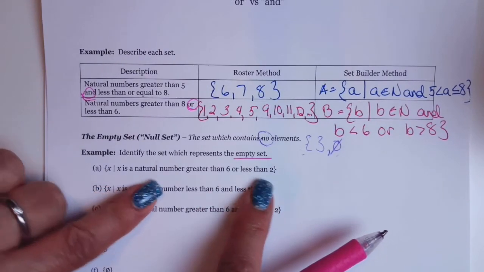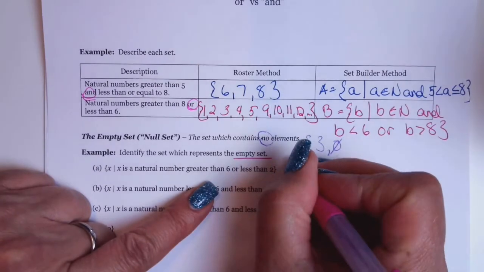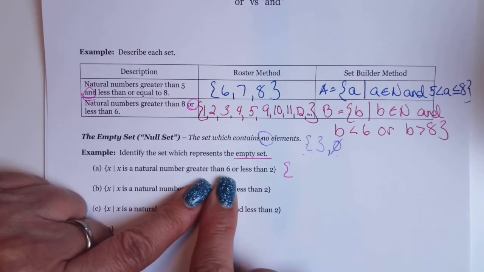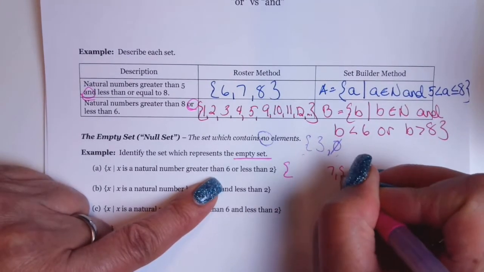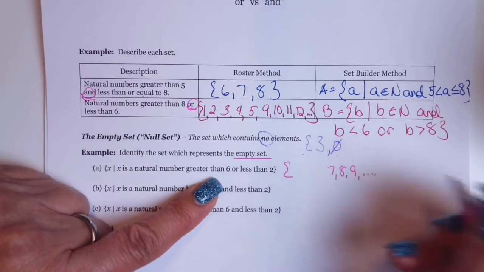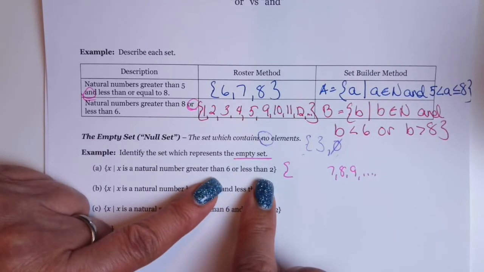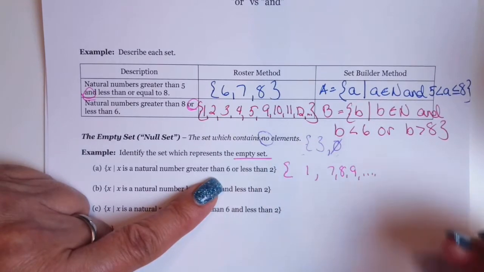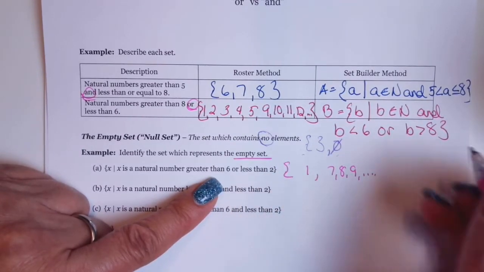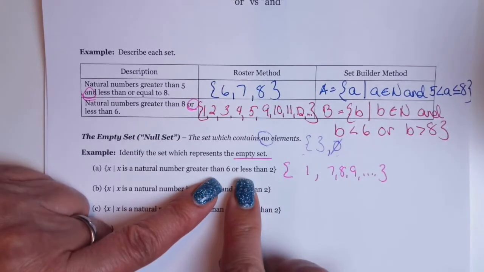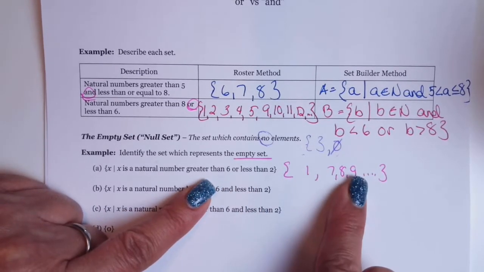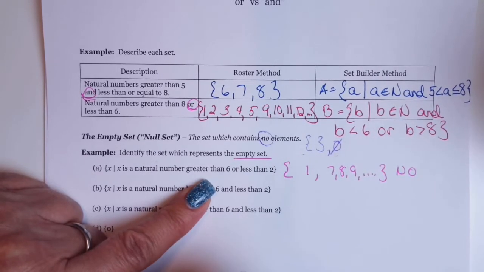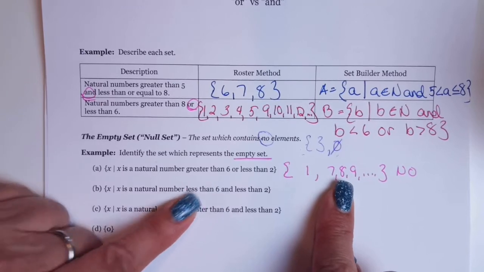Can we write numbers inside the set? Let's see. We start with the brace open. Greater than 6 would be 7, 8, 9, and so on. Less than 2 would be 1. And that's it. So we were able to write numbers in here, which means that this is not an empty set. It has these elements in it.